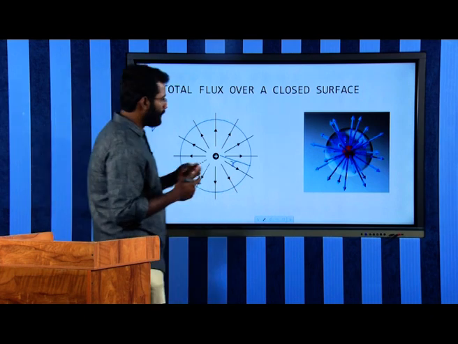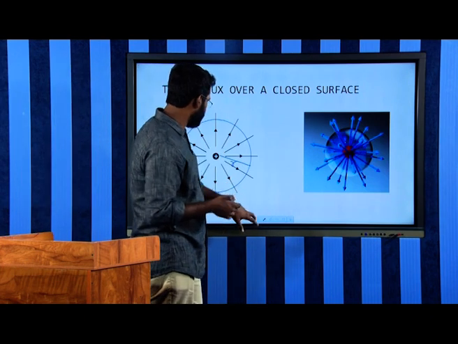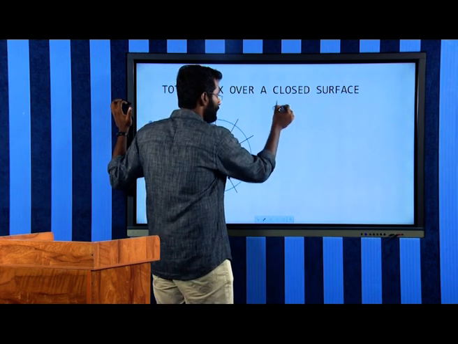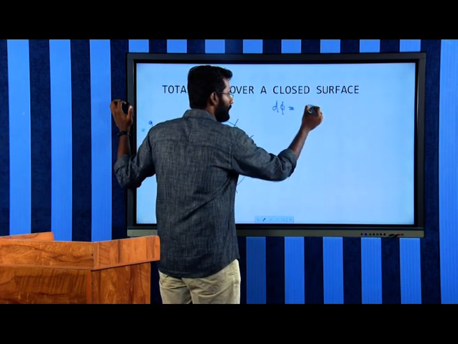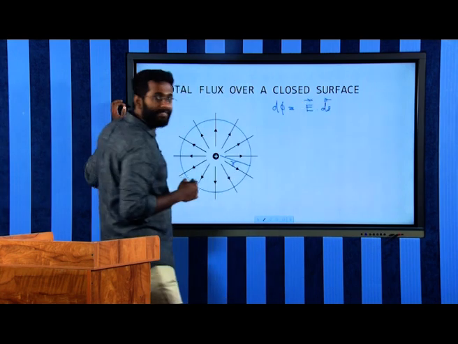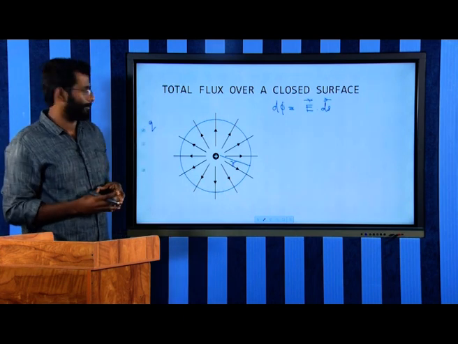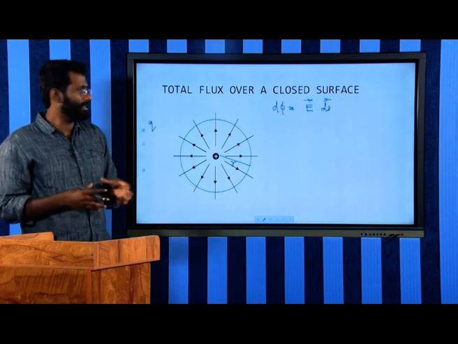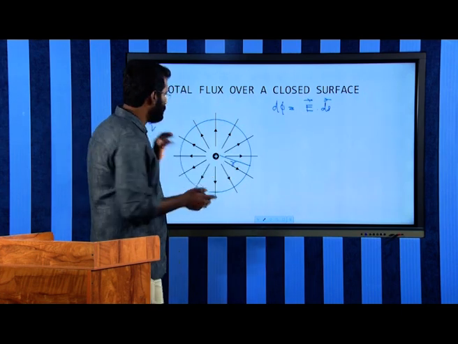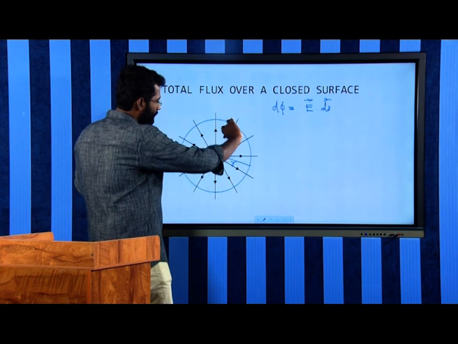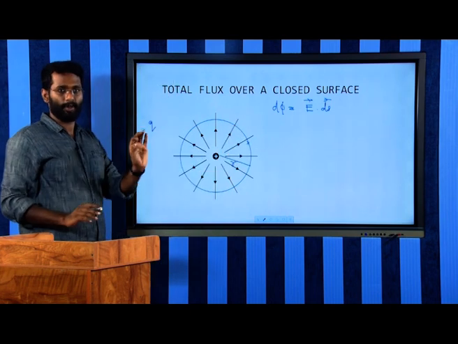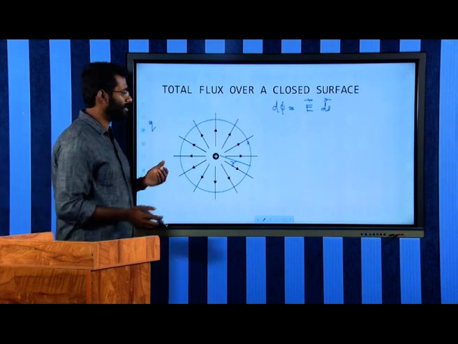Now, we know that the equation for flux is d phi equal to E dot ds, where E is the electric field and ds is the area vector. So, here we need both. Here r is the radius of that sphere. Over every point on this sphere, the magnitude of the electric field will be the same, not the direction, only the magnitude. Why?